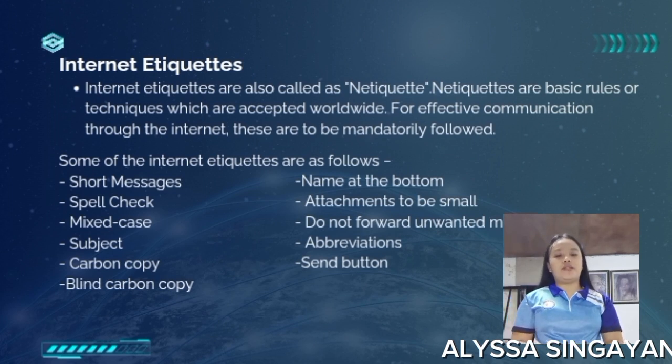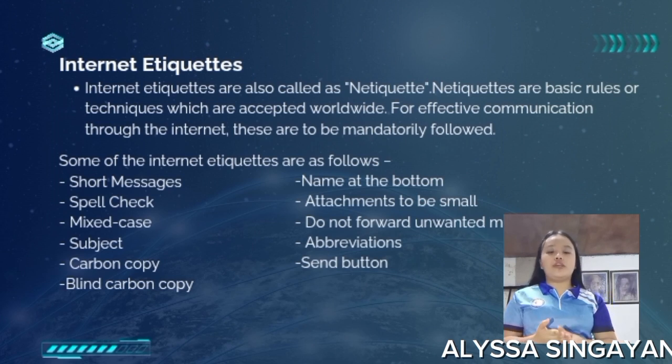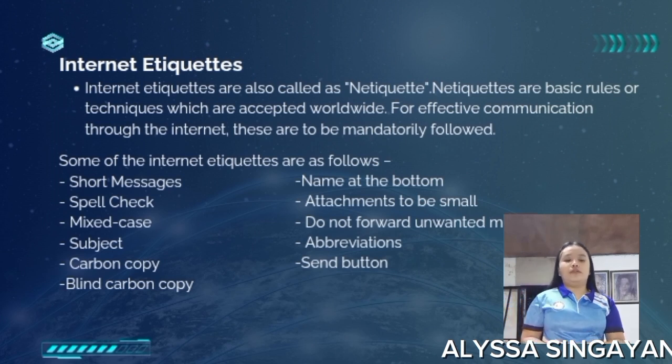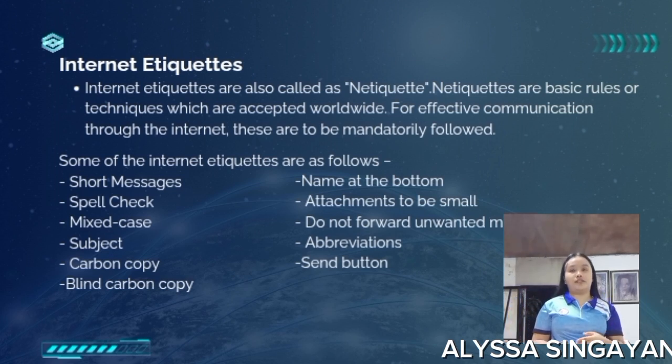And number 7 is name at the bottom. Include your name at the bottom of every email or message you send. This helps to identify the sender, especially when you multicast or broadcast the message.